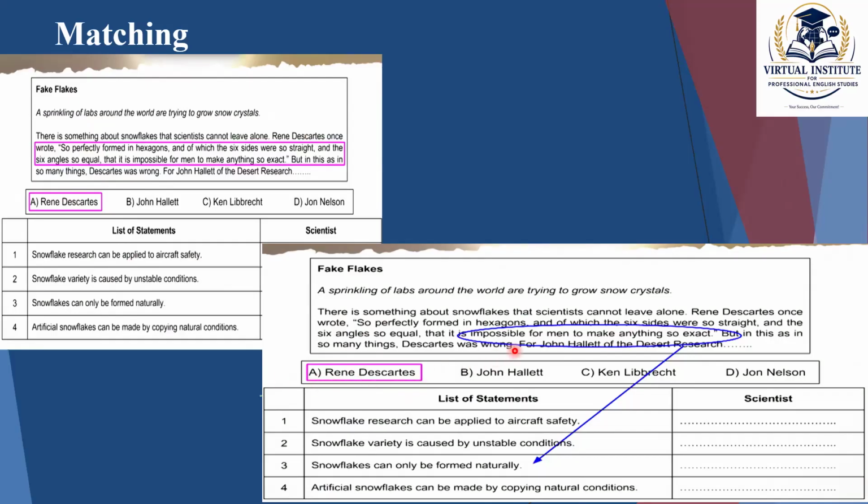Descartes passed this opinion: snowflakes can only be formed naturally, but this is not said in the same exact wording. If you can see here, he said it is impossible for men to make anything so exact, right? So when men cannot do it, automatically it is something which should be made naturally, right?